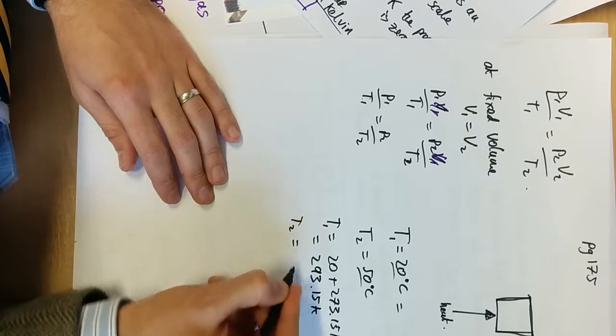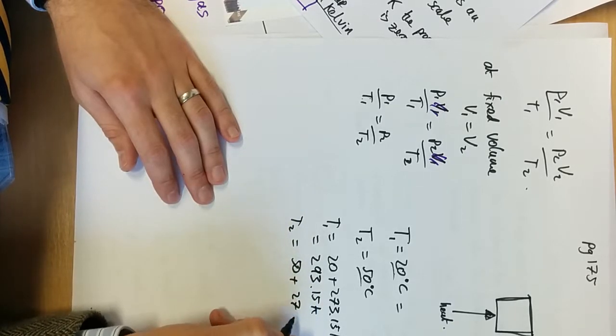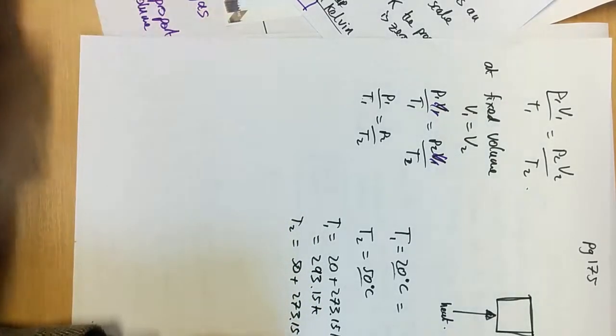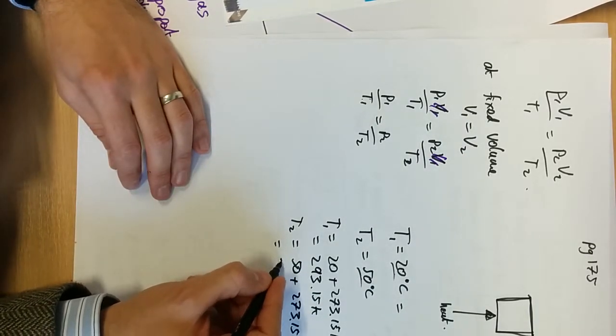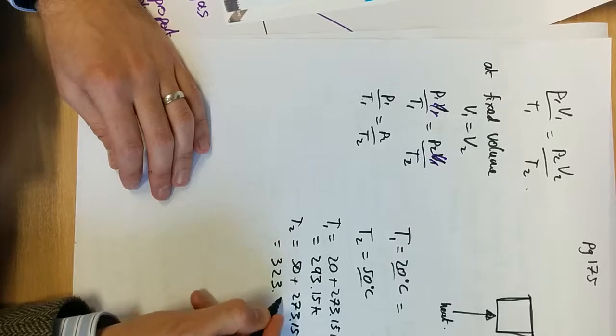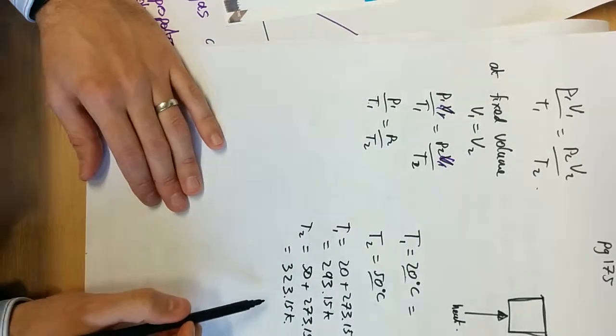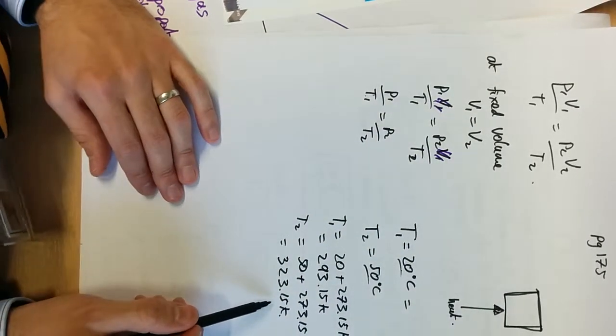And T2 is going to be 50 plus 273.15 Kelvin, which is 323.15 Kelvin. Okay, so we've changed this into the right unit now.